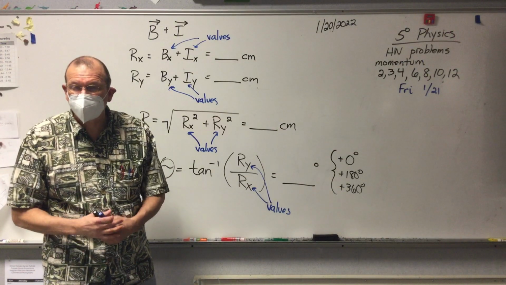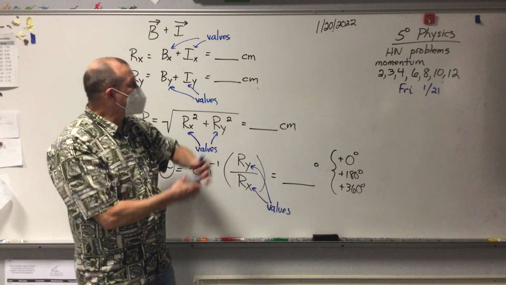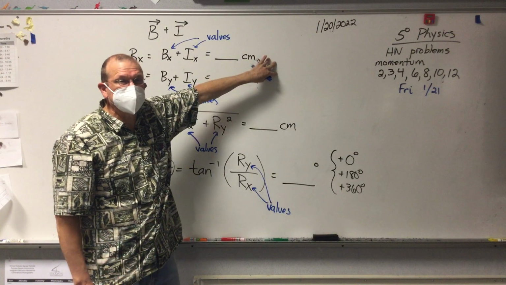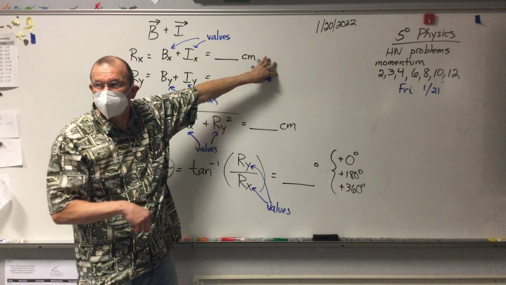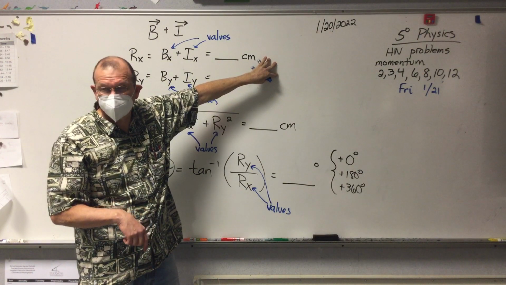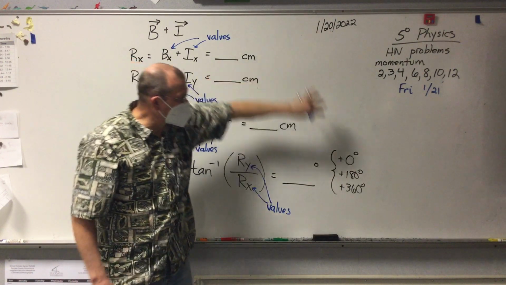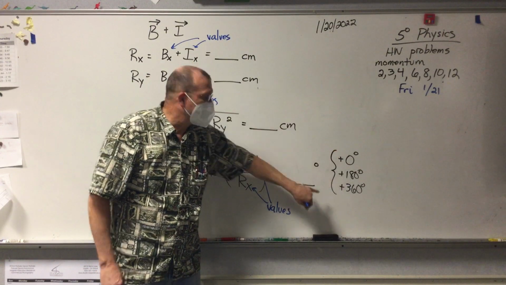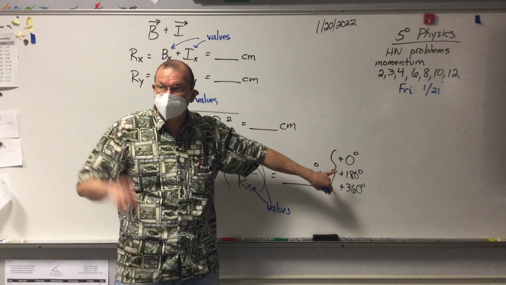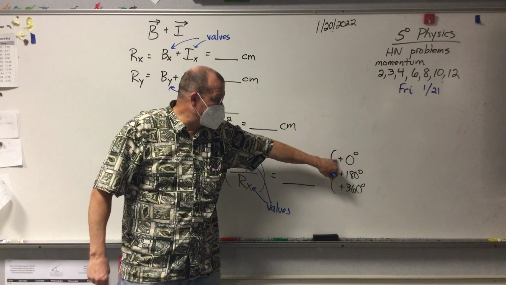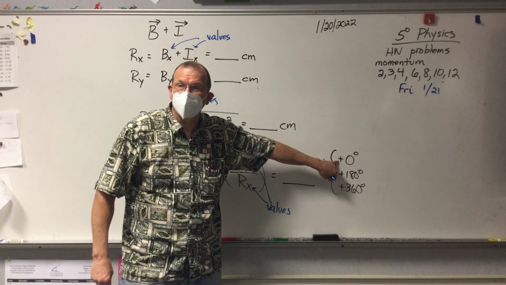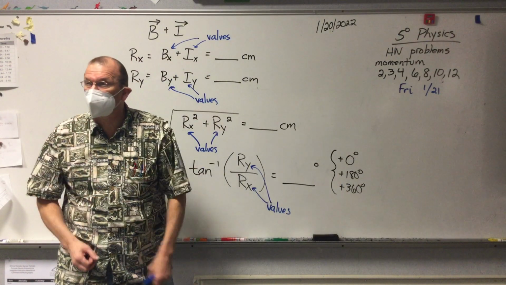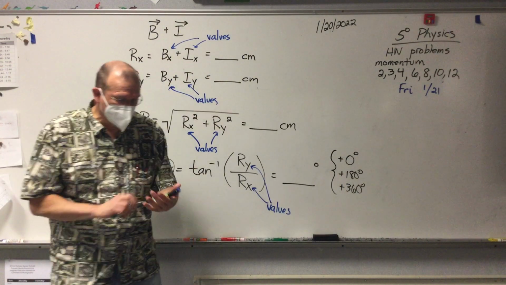I used to go a lot pickier than this, and sometimes up here I would actually tell people, once you finish with these 2, I want to see a Roman numeral so that you can tell me what quadrant your answer is pointing in already, so that when you come down here, you know which one of these things to use. But even if it's add 0, I want to see that in there as a recognition that you have worked your way through what quadrant your answer points in.